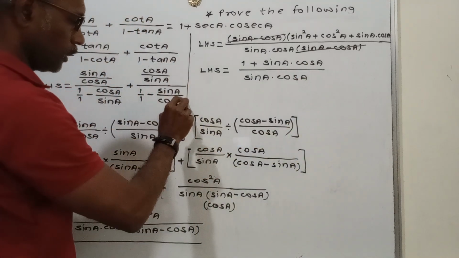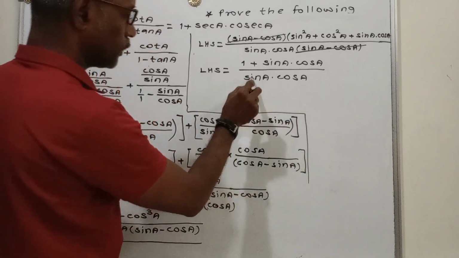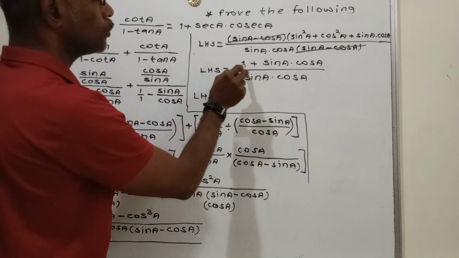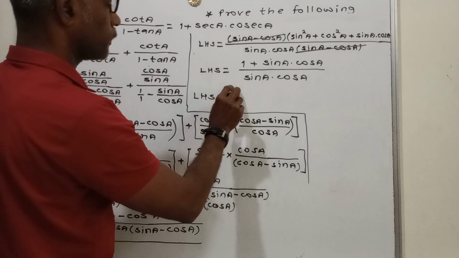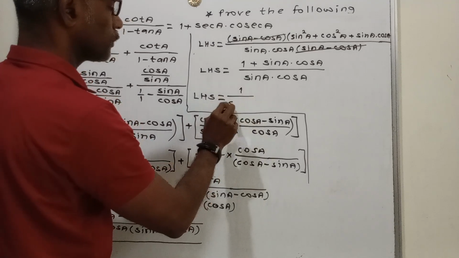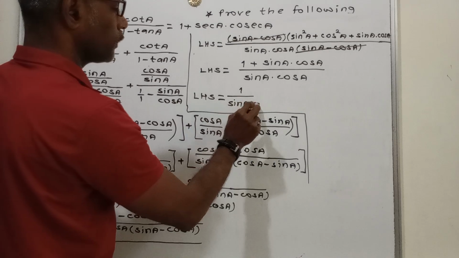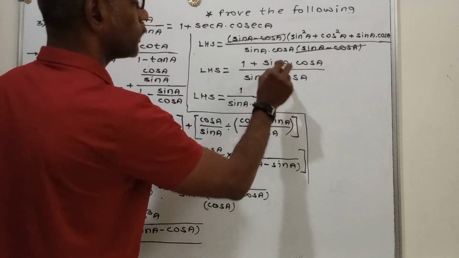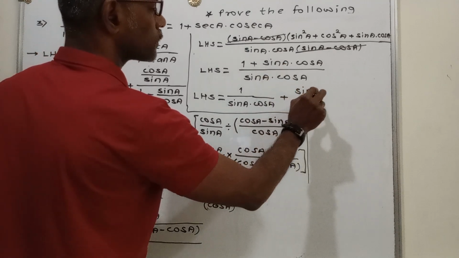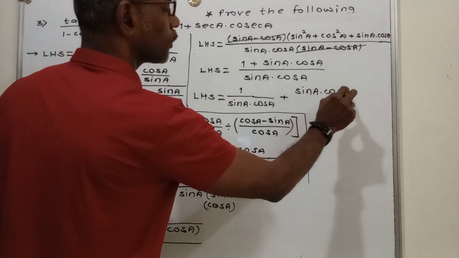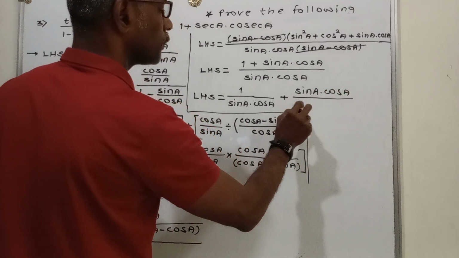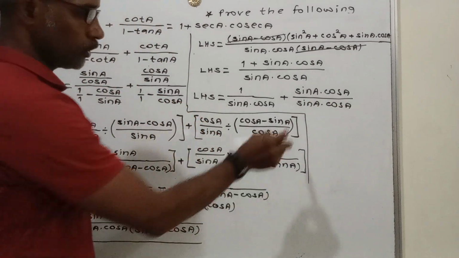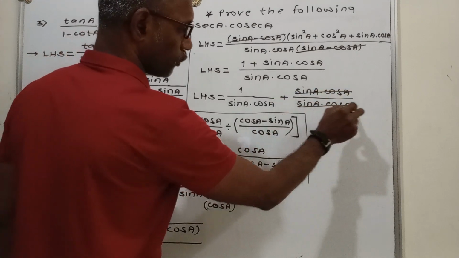Now here we give separate denominators to 1 and sin A cos A. Therefore 1 upon sin A cos A, means this denominator to 1 separately, and to this sin A into cos A upon sin A into cos A. Now here sin A cos A upon sin A cos A cancel.